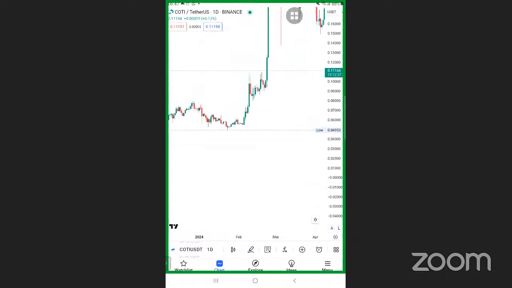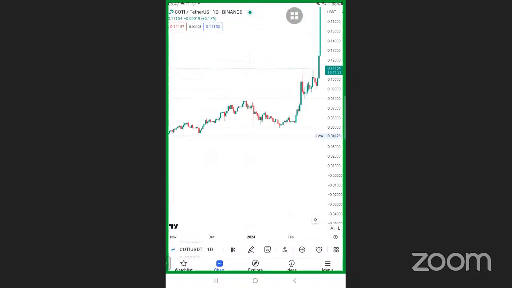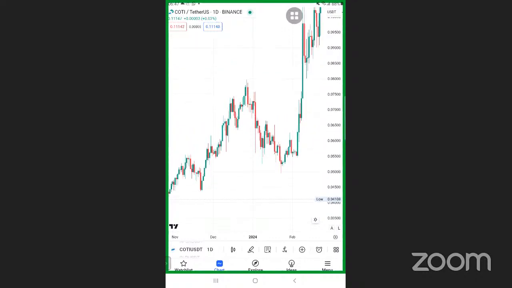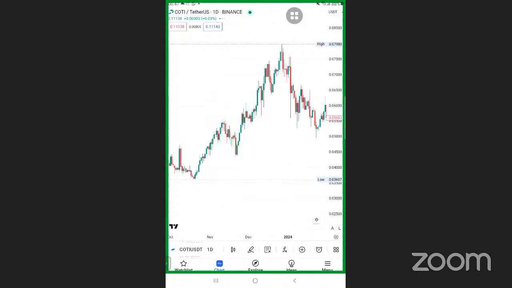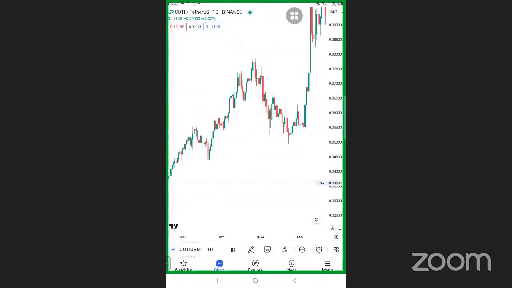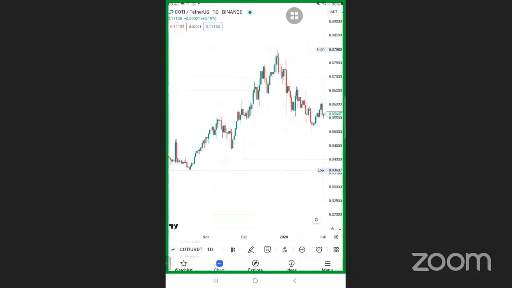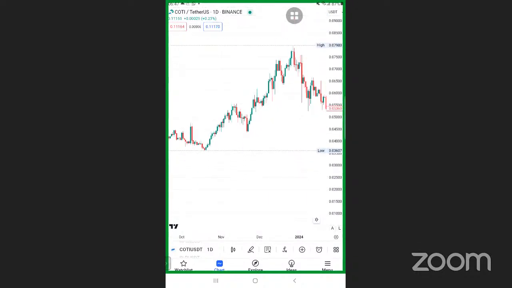If you are able to identify them, that is fine. That's what we'll be doing today. We're going to look at some of them. So this is our TradingView app.